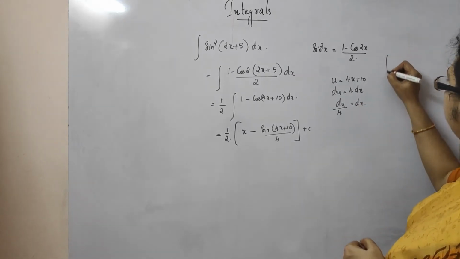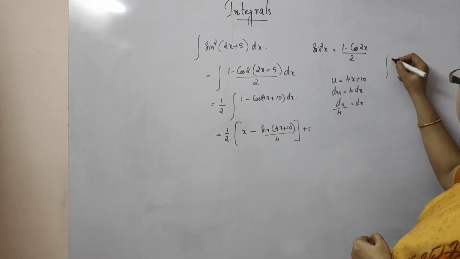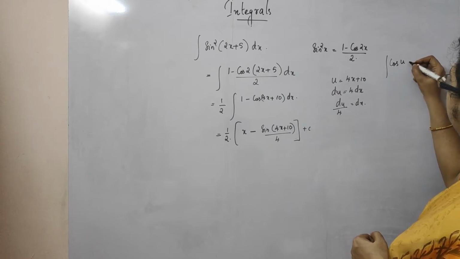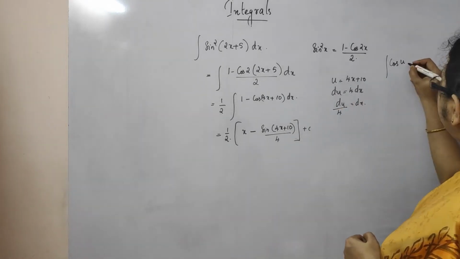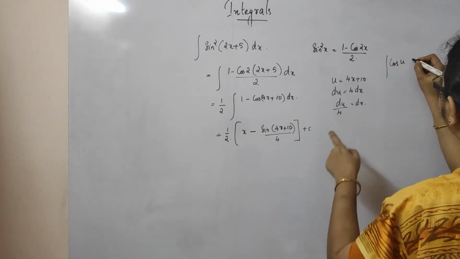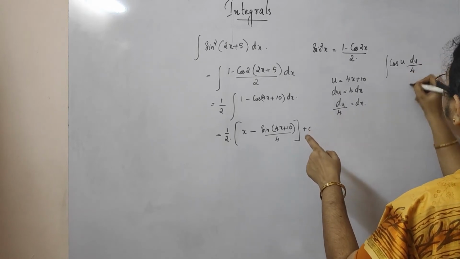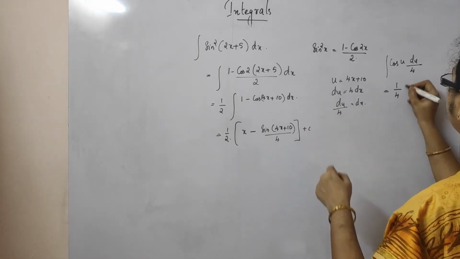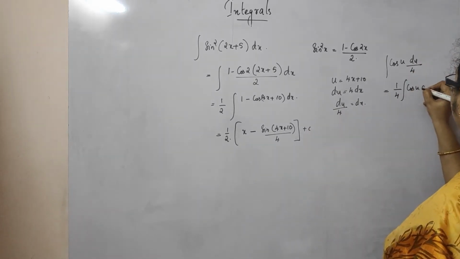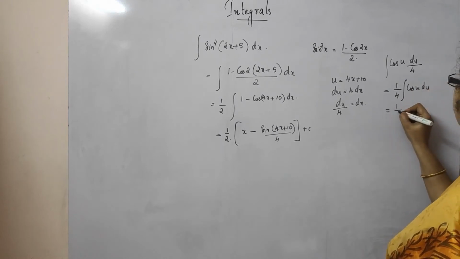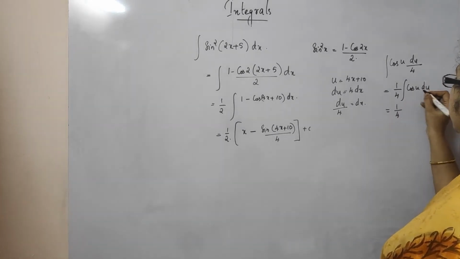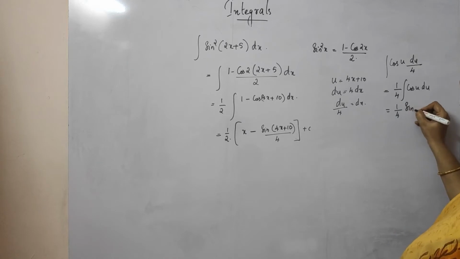If I am taking only cos, then cos of u into dx, where dx changes to du by 4. So this becomes 1 by 4 times the integral of cos u du. That is 1 by 4 times sine u plus c.